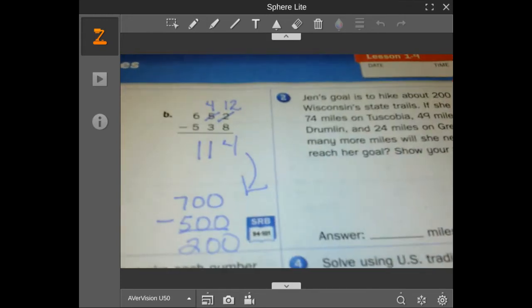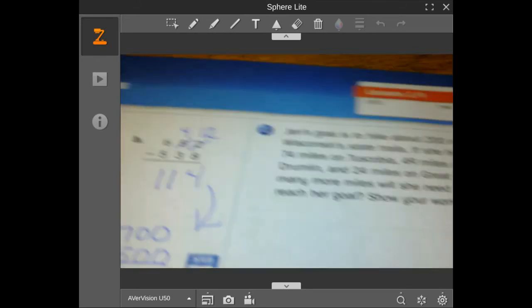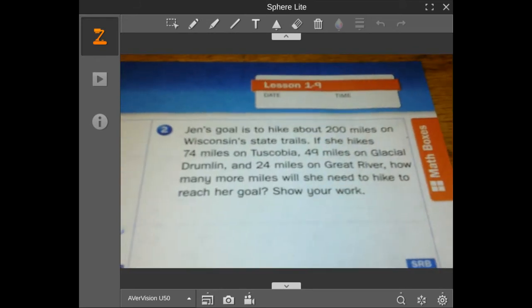Let's look at this next math box. Jen's goal is to hike about 200 miles on Wisconsin state trails. If she hikes 74 miles on Tuscobia, 49 miles on Glacial Drumlin, and 24 miles on Great River, how many more miles will she need to hike to reach her goal?